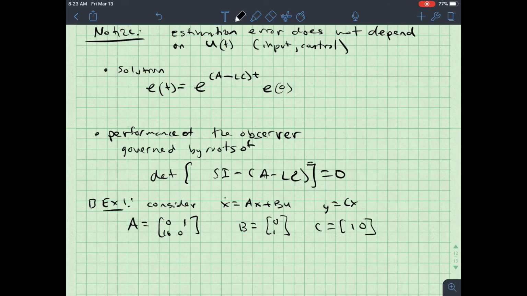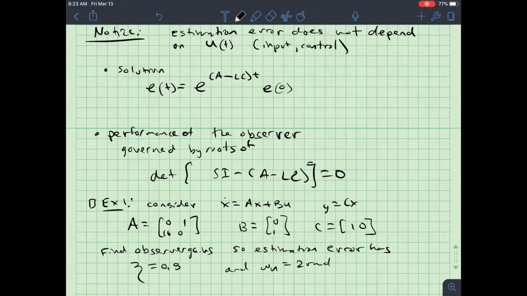And what I want to do is find observer gains so that the estimation error has a zeta, damping ratio, of 0.8 and an omega n of 2 radians per second. So that's what I'm looking to do.